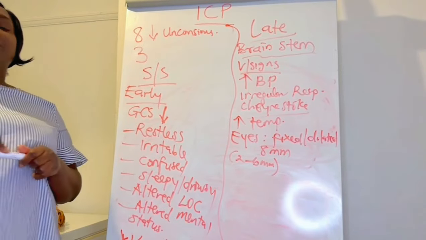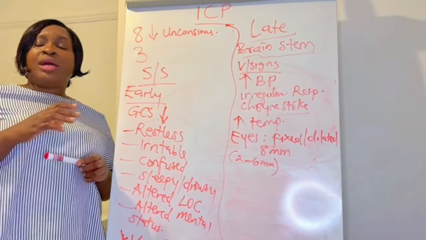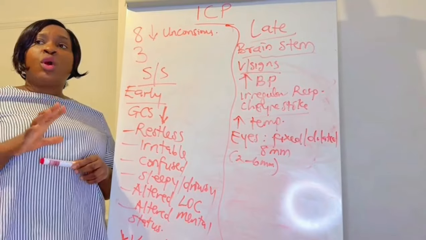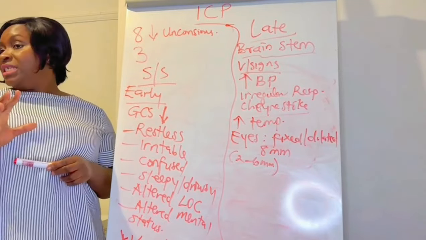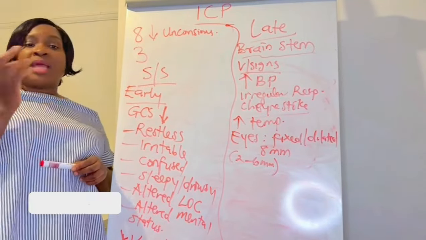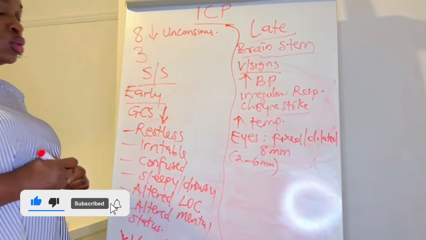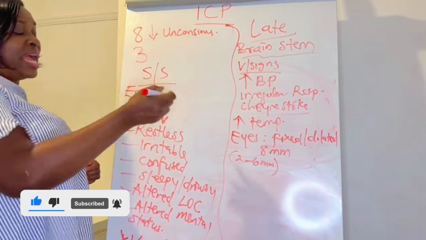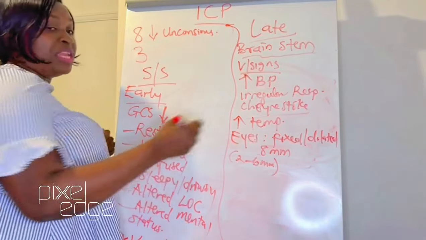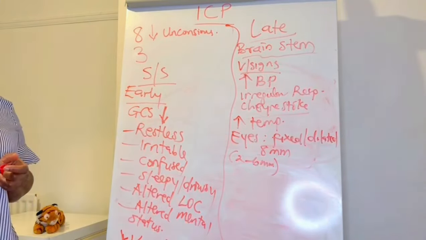But if the brainstem is not involved, the patient is going to have doll's eye, which is what you want. When the patient is rotating the head, you want the eyes to be moving in the opposite direction. And with the eye, you can have your papilledema there. Very important that we know that.